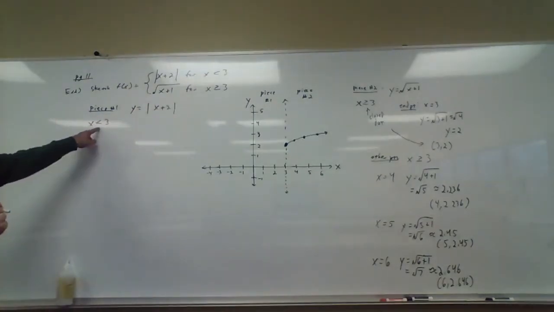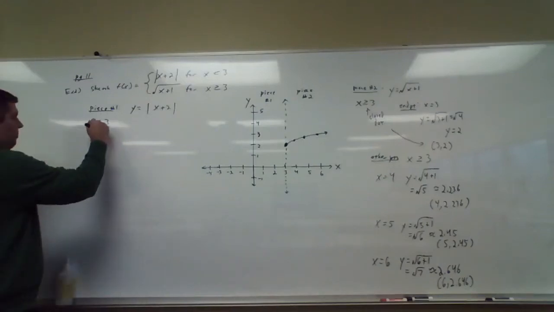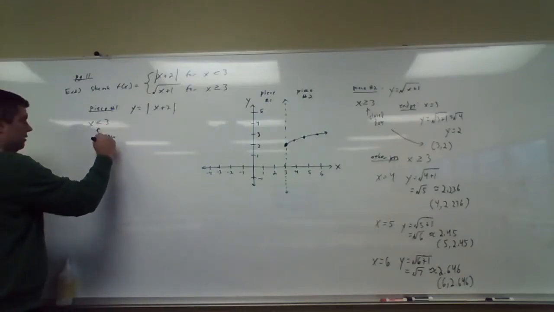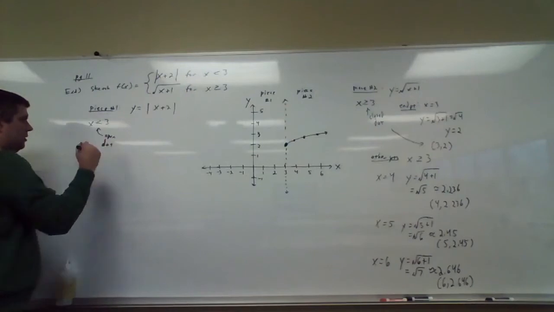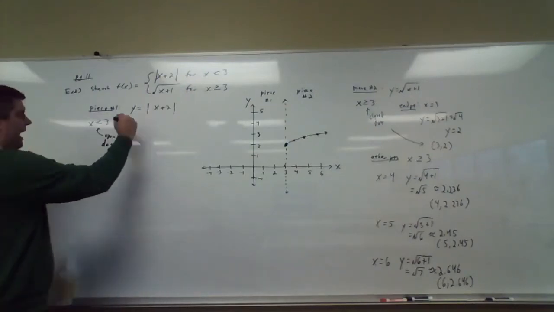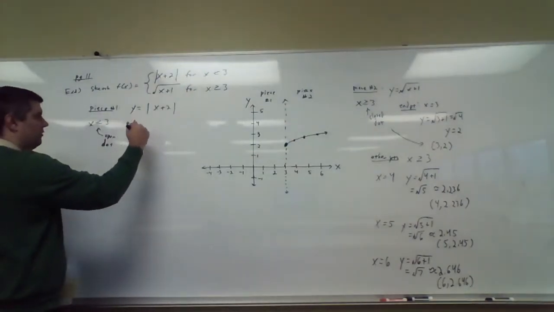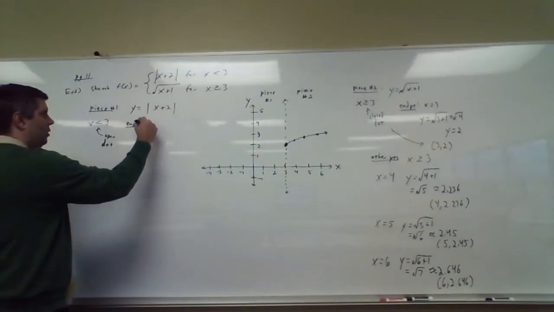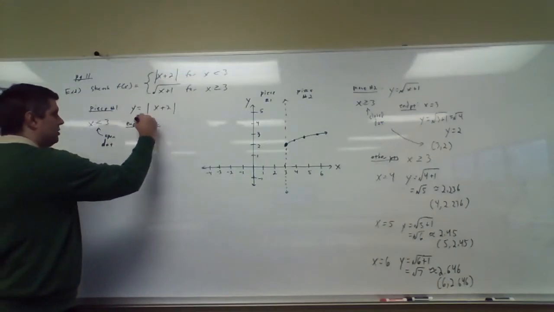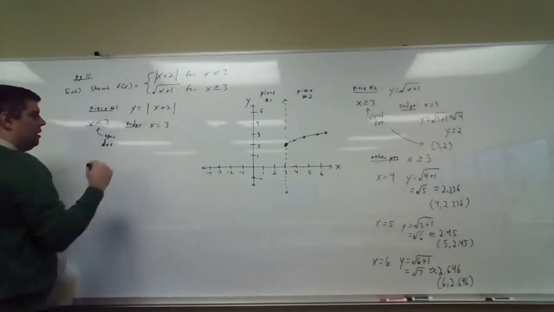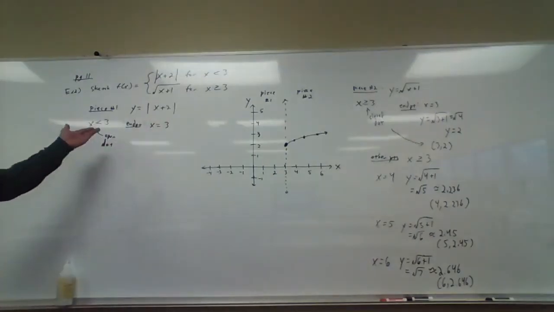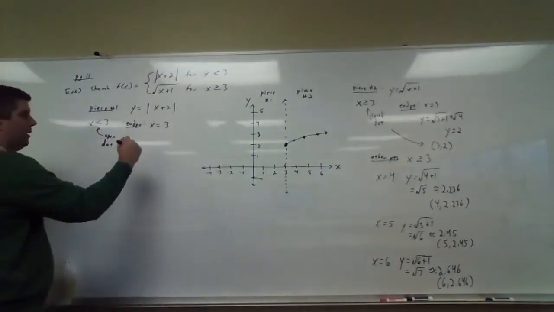It's not "or equal to," so it's going to be an open dot. The endpoint for this is x equals 3, and it's got to be an open dot when it's plotted.